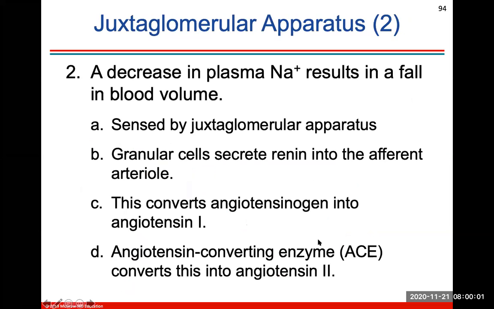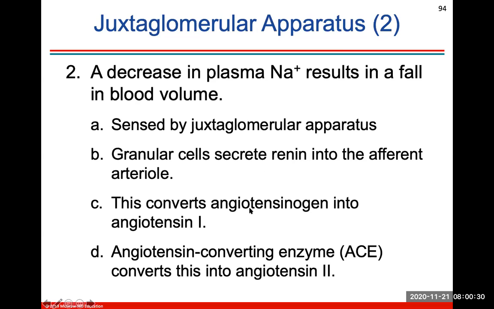A decrease in plasma sodium will result in a fall in blood volume, and your juxtaglomerular apparatus can sense this, and the granular cells will begin to secrete renin. So with any fall in blood volume or blood pressure, the juxtaglomerular apparatus cells can sense this, and they will start to secrete renin.